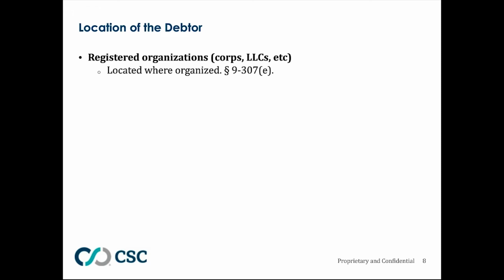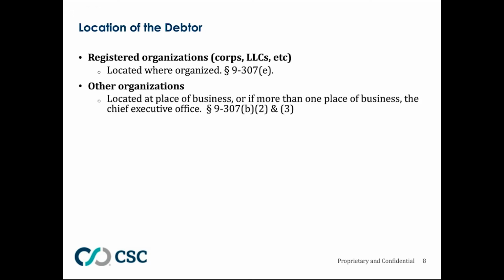For other types of organizations that wouldn't fall within the definition of registered organizations, the rule is a little different. There, the rule is that the debtor is located at its place of business. And if it has more than one place of business, it's located at its chief executive office. So the general rule of thumb here is look to the location of its chief executive office or headquarters, and the law of that state would govern perfection and priority.